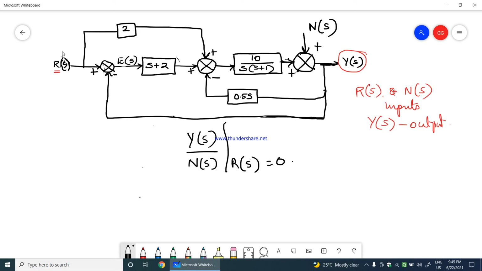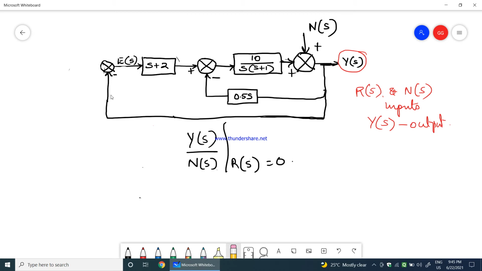Now as R of s will become 0, therefore this 2 into that 0 will also be equal to 0, therefore I can completely remove this entire block. I don't need the 2 also, because when R of s is equal to 0, anything multiplied by 0 is again 0, therefore I can remove this complete 2.